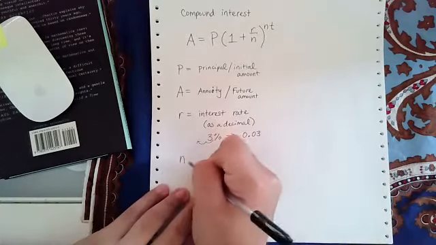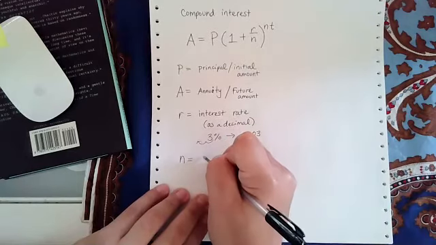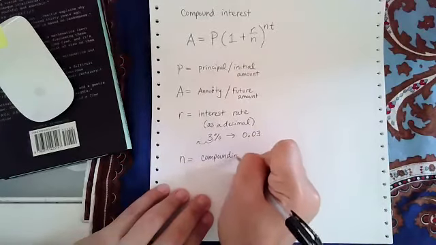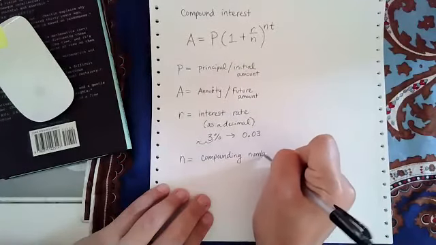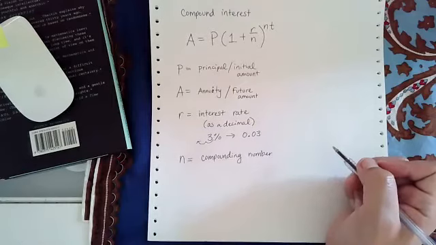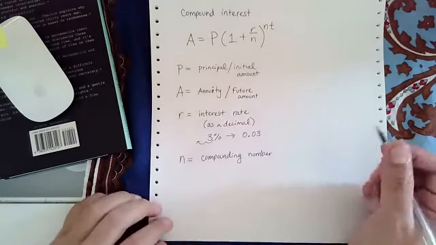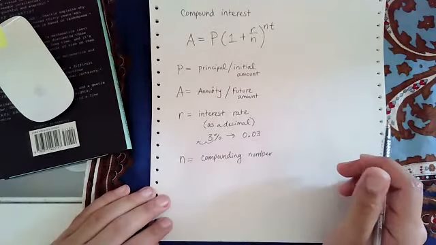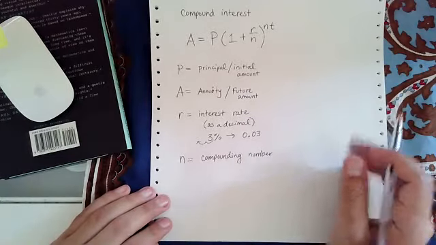The N here, I call it the compounding number, or how often that investment account is compounded per year. And there are some key words that I'll give you here in a second for the compounding number.